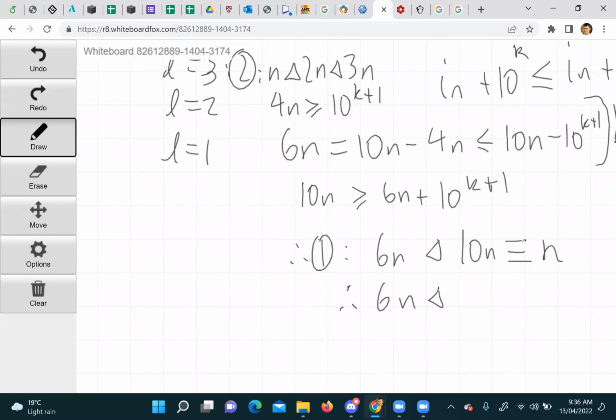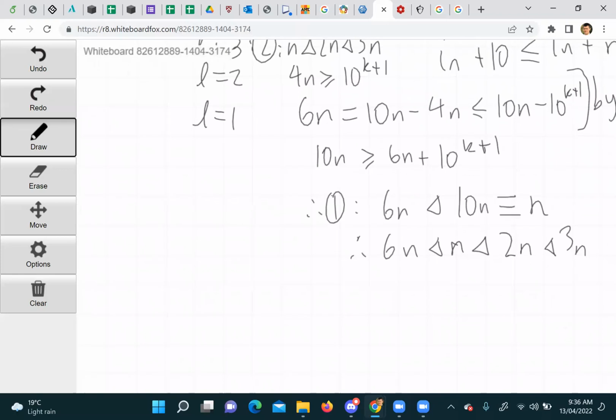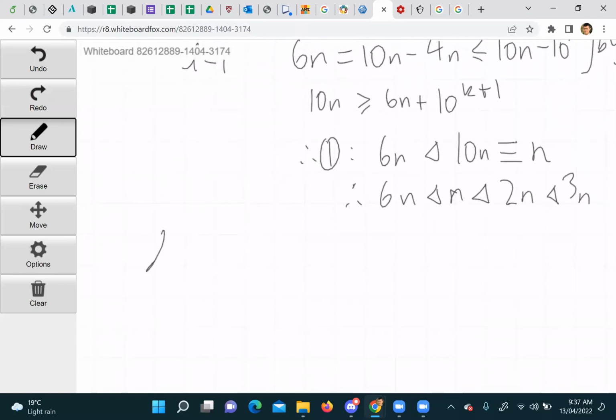You could try harder to see exactly how many there are, but at the moment we're just writing. So in research, the next natural question is which n give you which numbers of digits. Then when L equals 2, we have n is less than 2n, right? And then 3n is greater than or equal to 10 to the k plus 1.